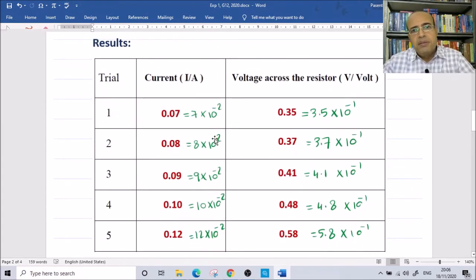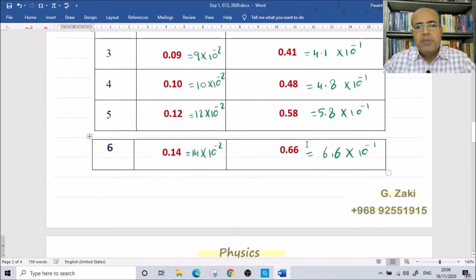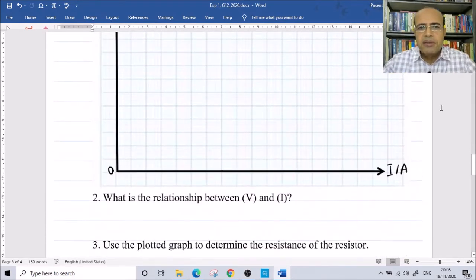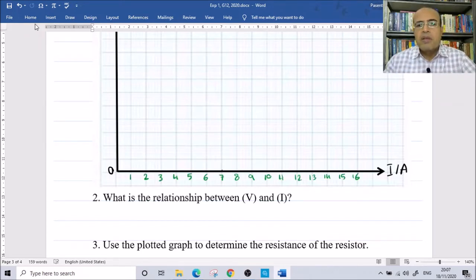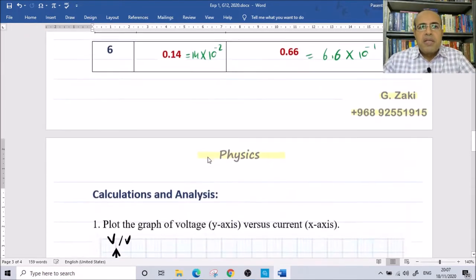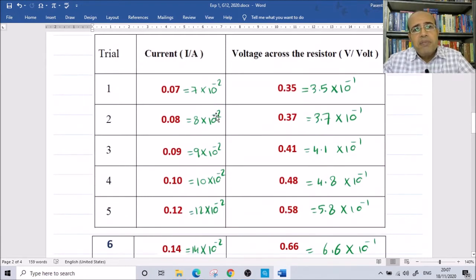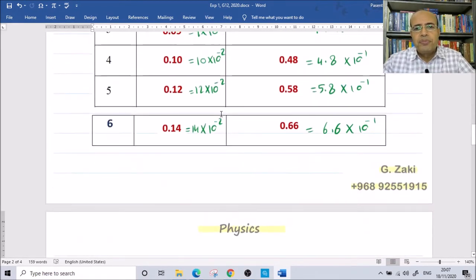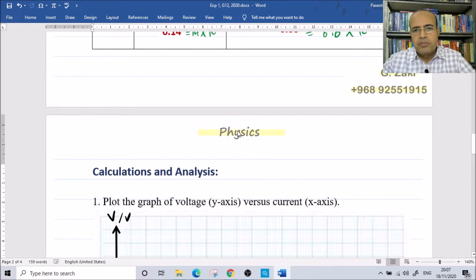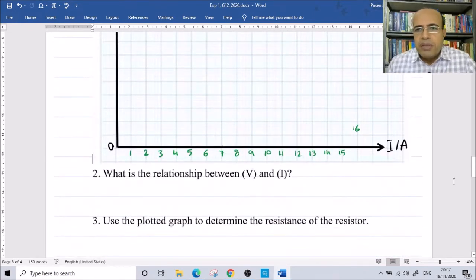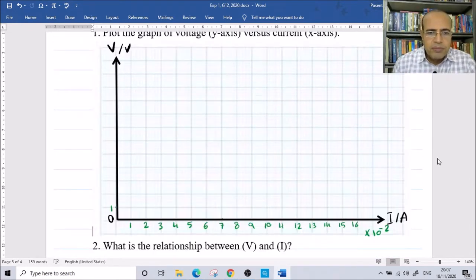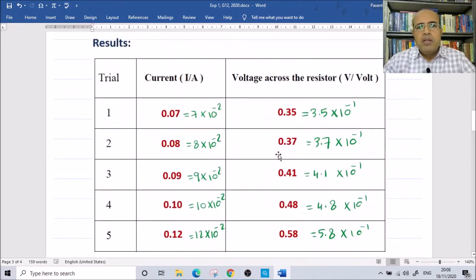For the current, we can say 1, 2, 3, 4. So the current is multiplied by 10 to the power negative 2, and down here we write 1. The first point: the current is 7 and the voltage is 3.5.